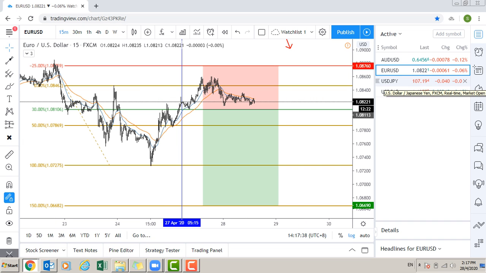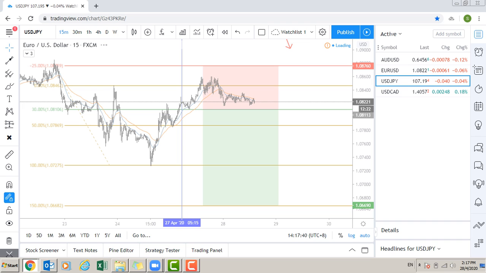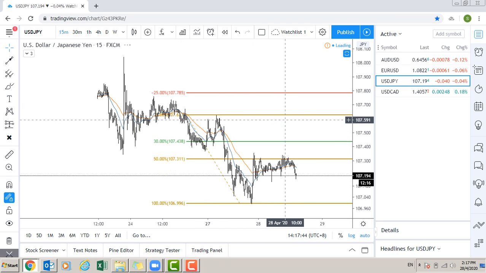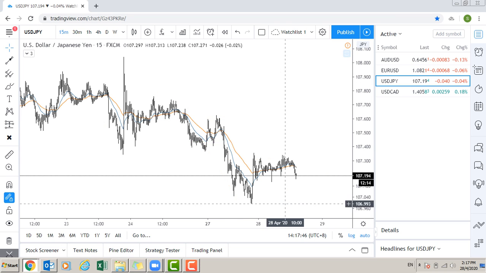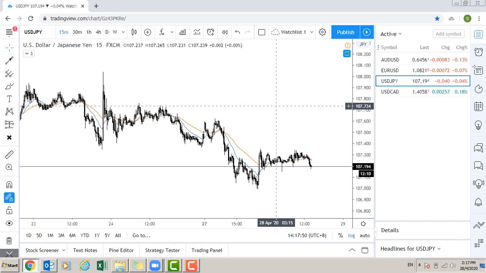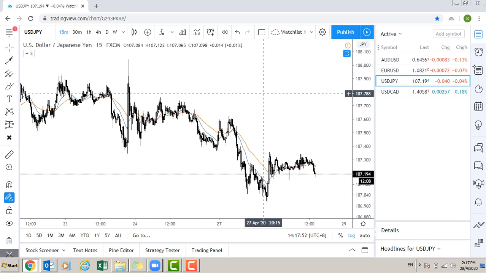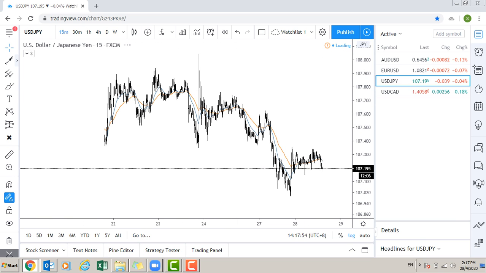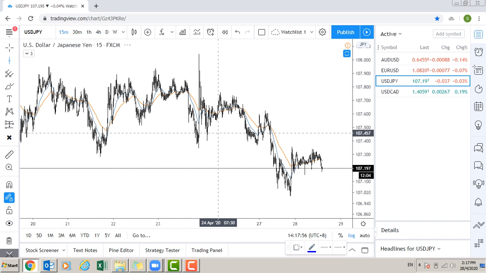USD JPY is something that I want to share with you. Why is it important? It's important to ride on the momentum of the trends at the beginning of the week. So I draw the cut-off line first.